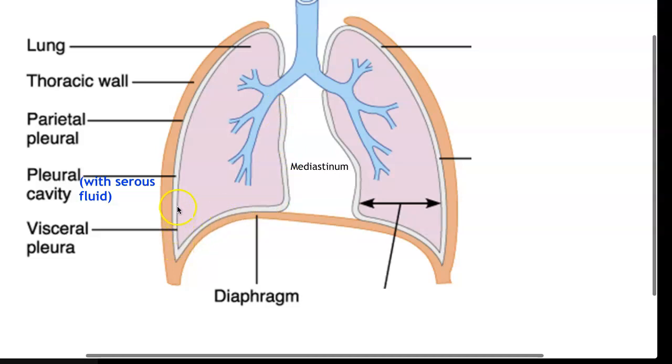The visceral pleura is clinging to the lung. Here is the lung. In between the parietal and visceral pleura is the pleural cavity. This little space, the pleural cavity, contains what? Serous fluid.